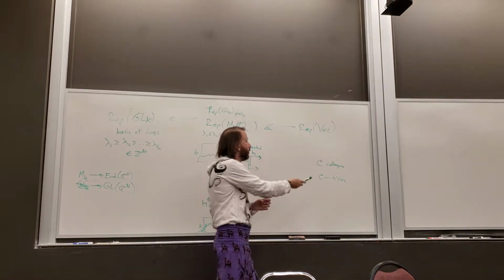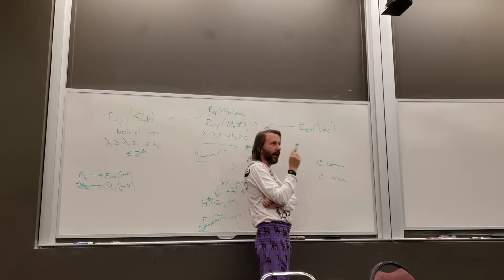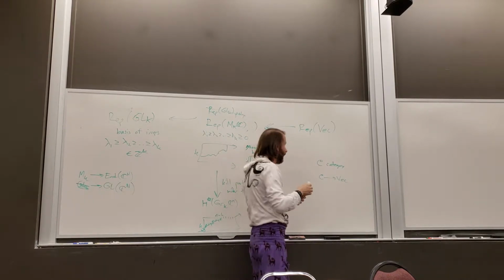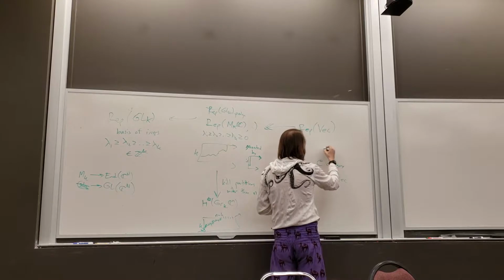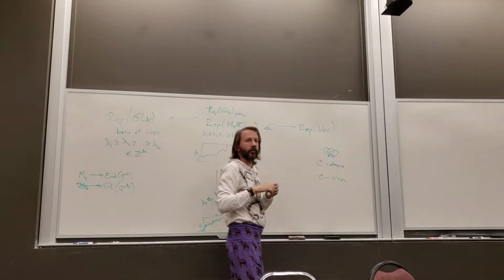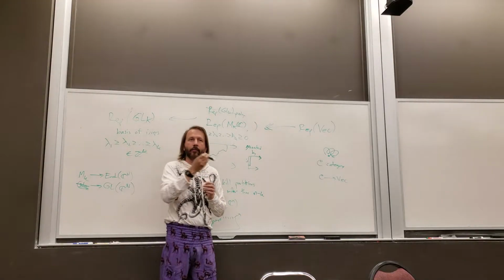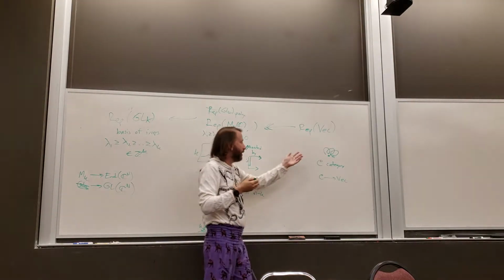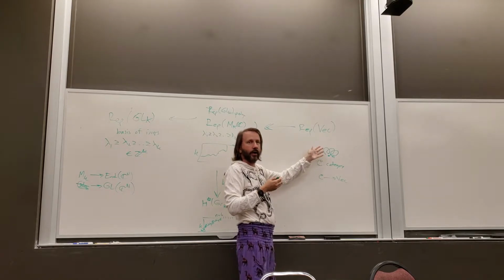The most familiar case is that C is a category with one object and all the morphisms in that category going from that object to itself. And let's maybe say they're all invertible. Then the data we're talking about here is exactly a group.